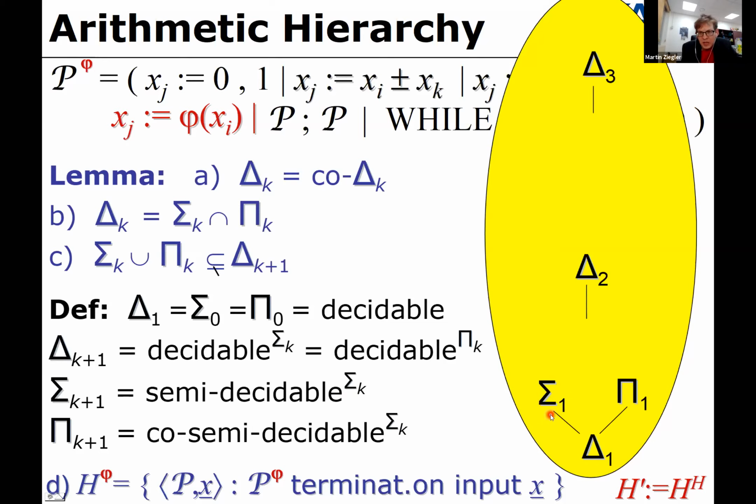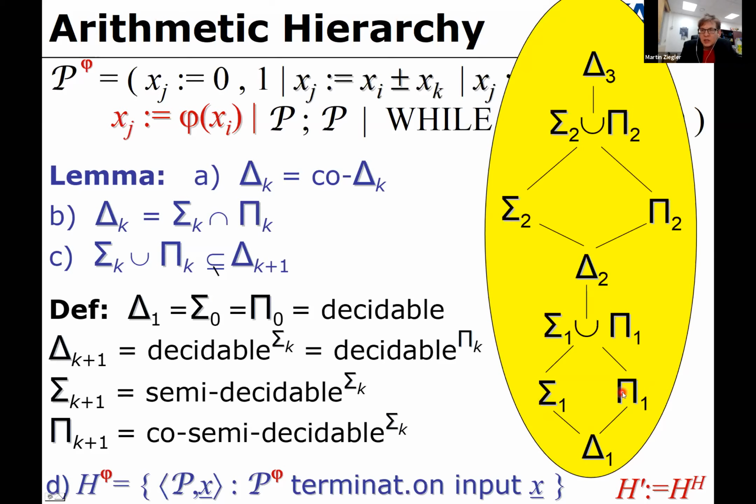But unlike in complexity theory, which we'll return to later in this course, these are strict supersets, as can actually be proven, and they are actually different. So generally, in this way, one obtains a proper infinite hierarchy, which is called the arithmetic hierarchy.